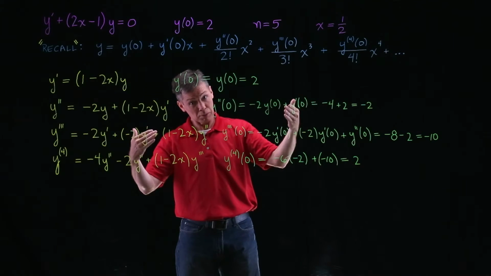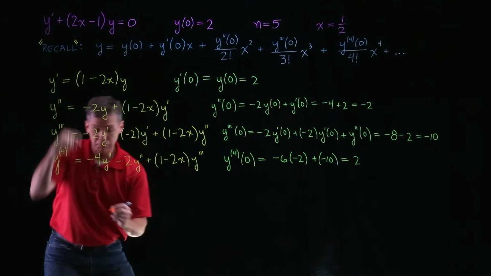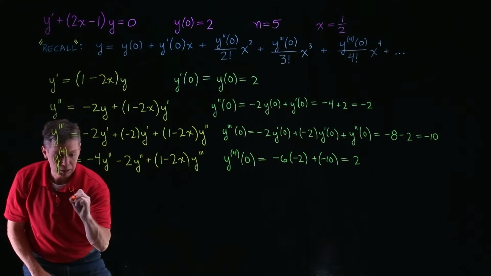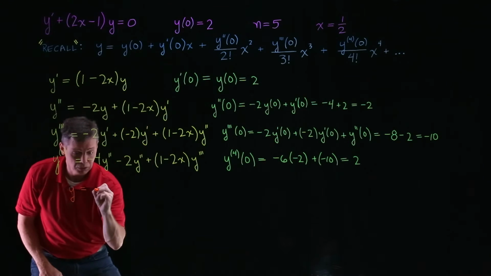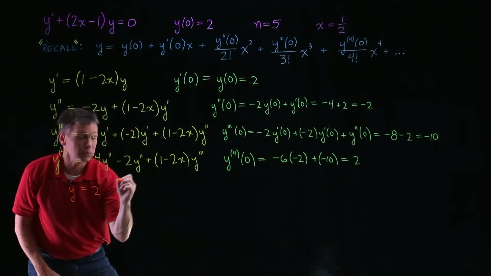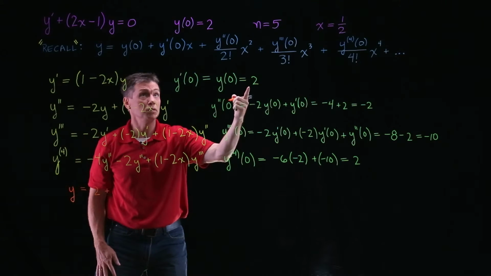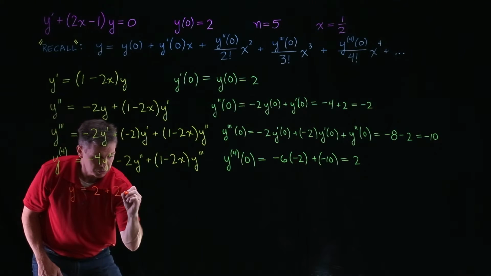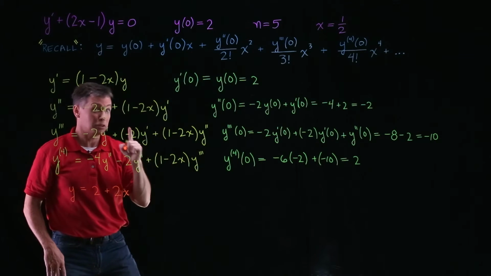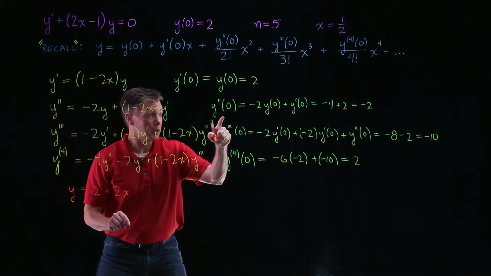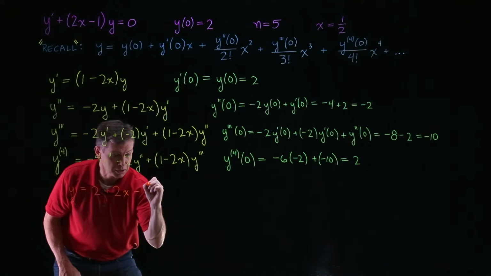So I'm ready to go back to the formula, kind of plug it in. So down here, I'm really just following this formula for y, but putting in our particulars. Y equals, y of 0 was my 2, plus y prime of 0, which was also 2. And then there's an x from the formula, plus y double prime, and that y double prime at 0 was actually a negative 2, so I'm going to write that as subtraction.